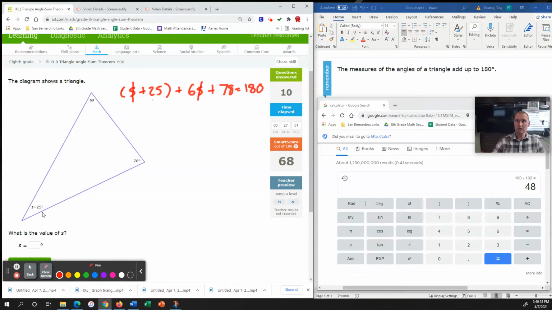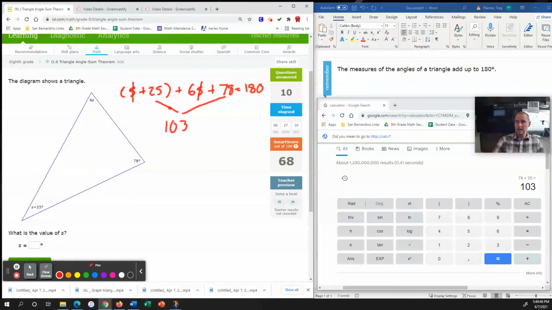Okay. Now, although these are inside parentheses, because 25 is separated by an addition sign, we can safely combine 78 and 25 first and use the calculator. So we're going to use 78 plus 25 to give us 103. So we'll go ahead and put 103.